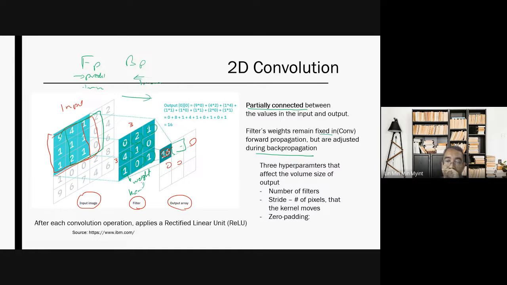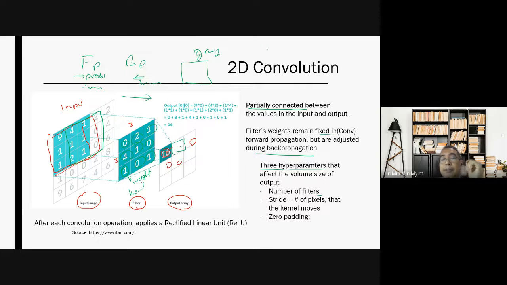Then this 2D convolution is controlled by 3 hyperparameters, and they will affect the value of the output. The first one is the number of filters. If you consider a gray image, you have only one input layer.